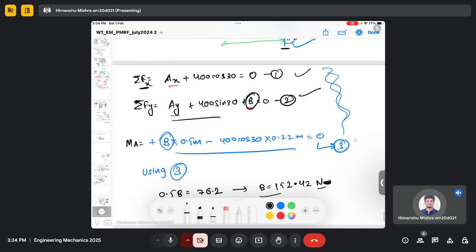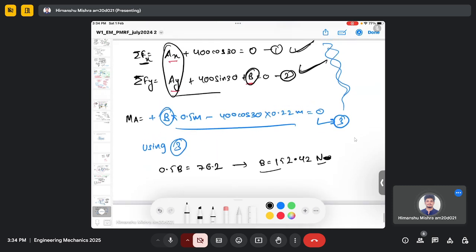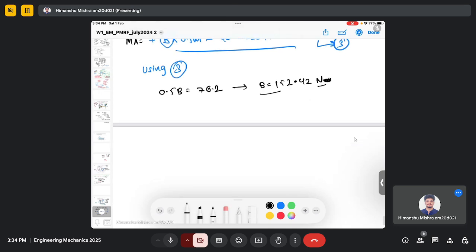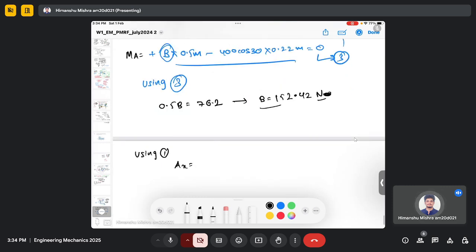So we have already got B. Now there are only two unknowns, Ax and Ay. So we can use equations 1 and 2 together to find them. We use equation 1 alone to find Ax. Ax plus 400 cos 30 equals 0, so Ax will be minus 400 cos 30.